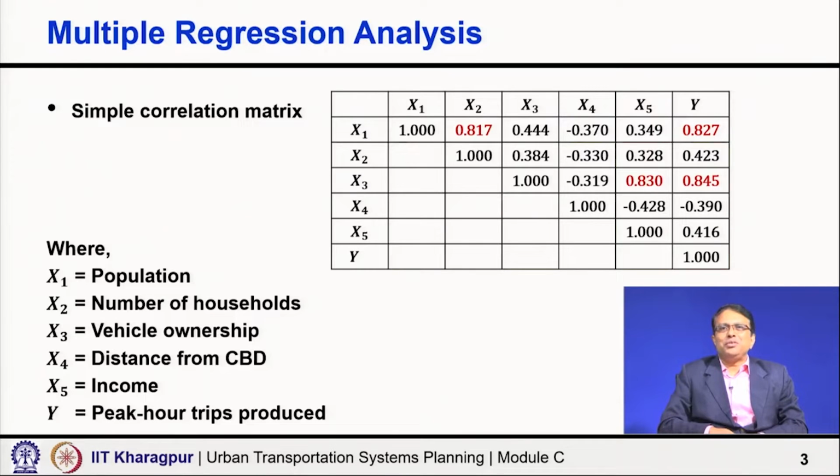Then we found x1 and x4 not collinear, x3 and x4 also not collinear. So, we could easily add also x4 and try to develop another model and try to see if that gives us better goodness of fit.